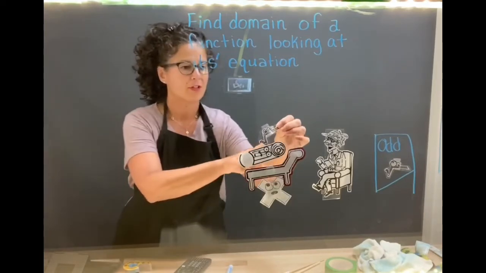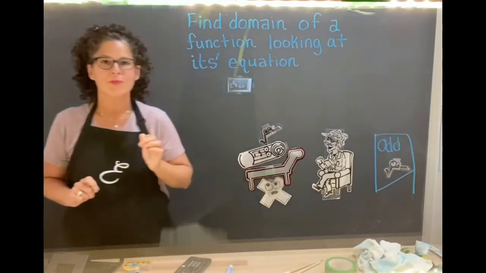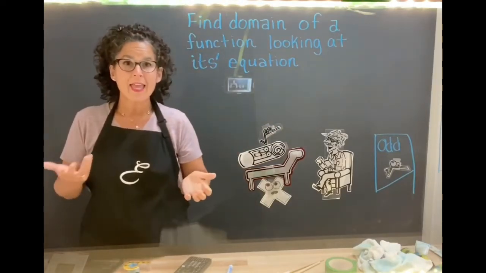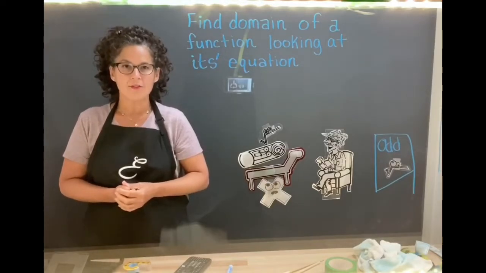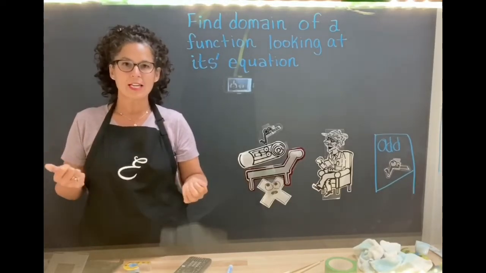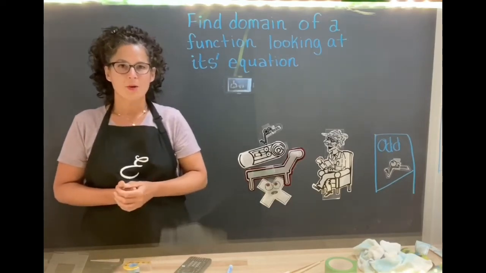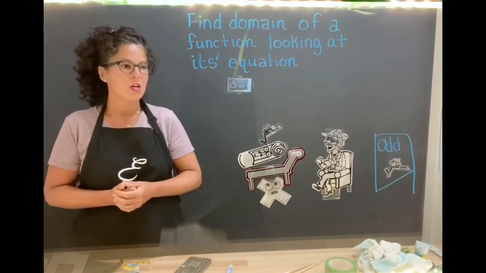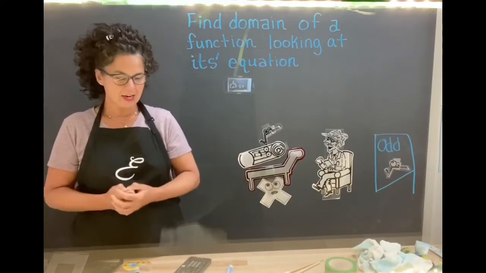I'm going to have this root growing off of this log. All right, even roots, yeah, they have domain issues. You do not want to take the square root of a negative number because you're going to get an imaginary answer. We're only looking for numbers from the number line. So if you have an even root in the problem, that could cause an error.